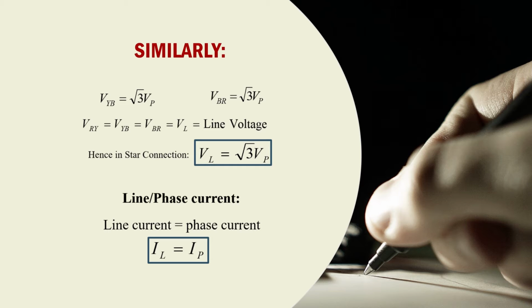Similarly, you can find the voltage between phase B and R. It can be written as VBR is equal to under root 3 times the phase voltage. As you know, the voltage between any two phases is nothing but the line voltage. So you can write VRY is equal to VYB is equal to VBR is equal to the line voltage, which can be written as V suffix L.